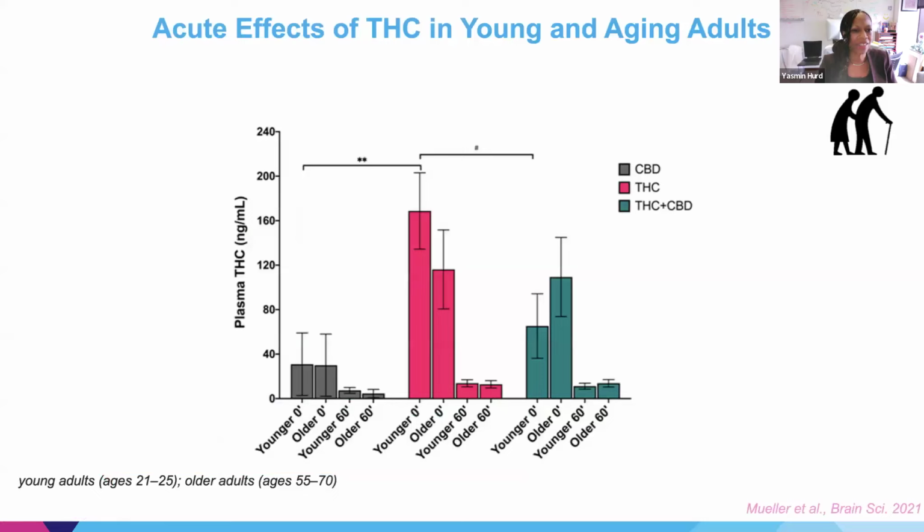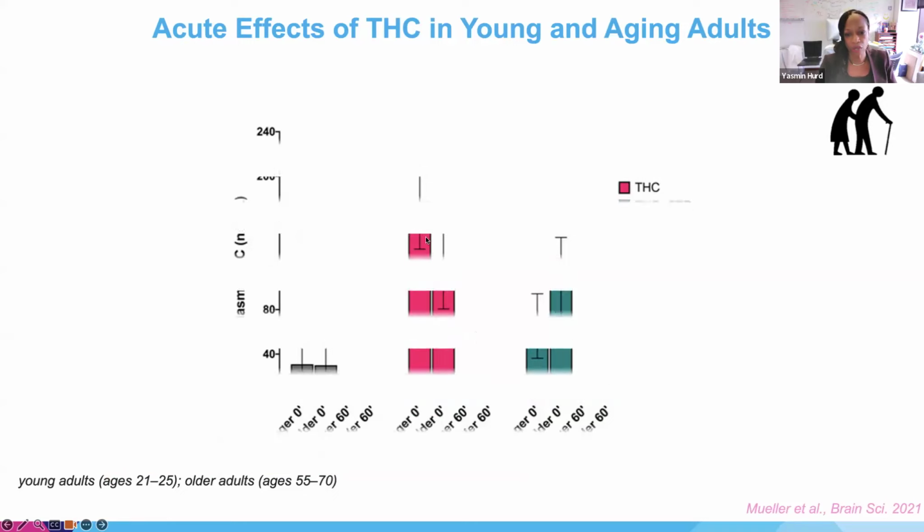There are studies that have seen that the acute effects of THC differ between those who are young and old. For example, giving people different products, CBD versus THC versus a combination of THC and CBD, you can see differences in those that are young and those that are old.